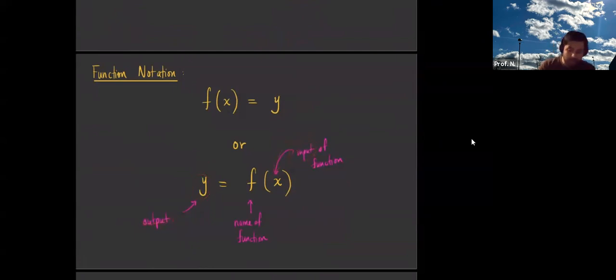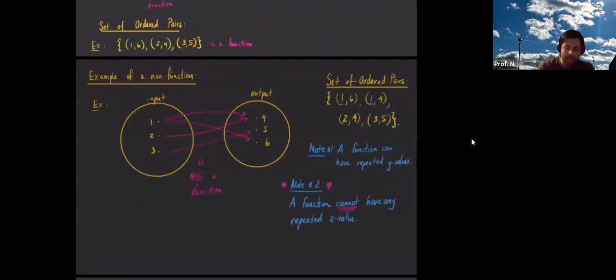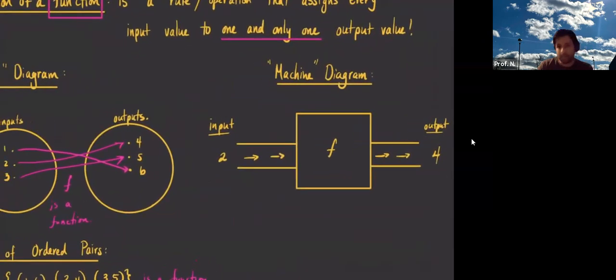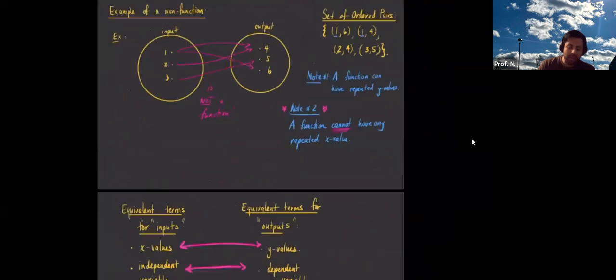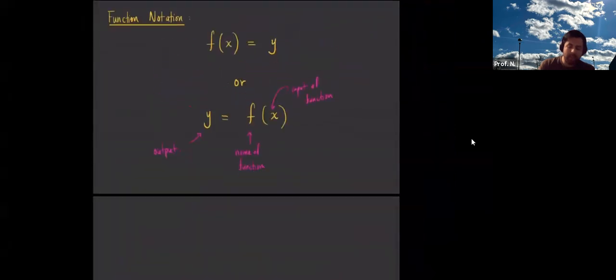So we can also bring back the idea of the machine diagram. This is why the machine diagram is utilized, because you can think of this as saying, I'm going to plug the x value into this machine called f. And now f can be described in many ways. So let's see if we can show an example of that.